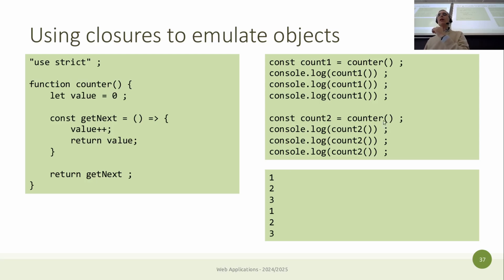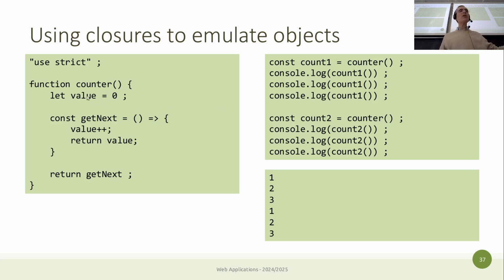And if you call counter another time, you create another function, another closure, for getNext. So there are 2 different getNext. One getNext has access to the closure that was created the first time you called the counter, and the other getNext, which is contained in count2, has access to another closure that was created the second time you called the counter.